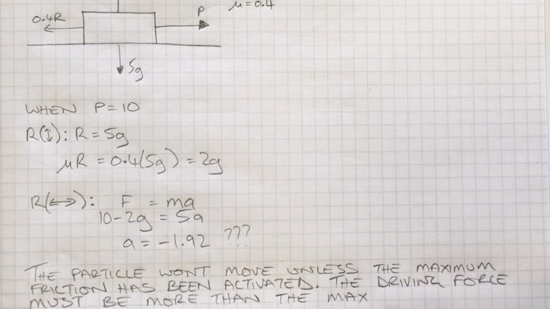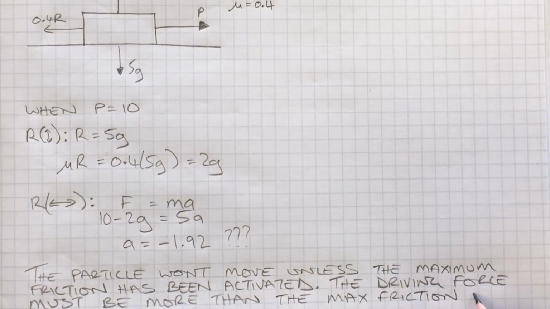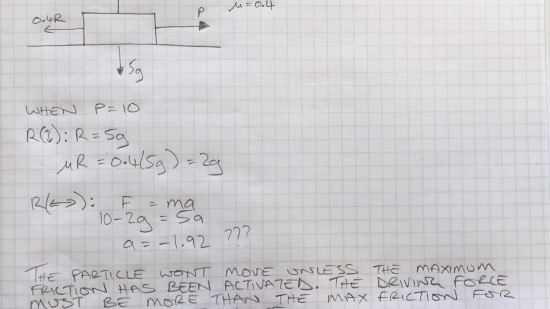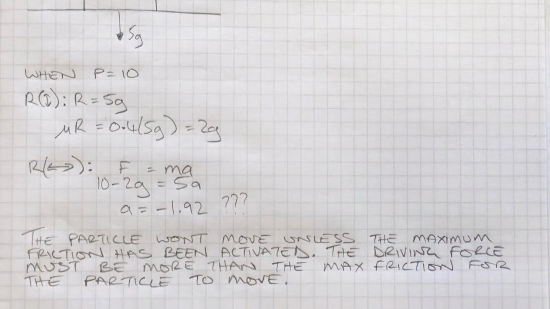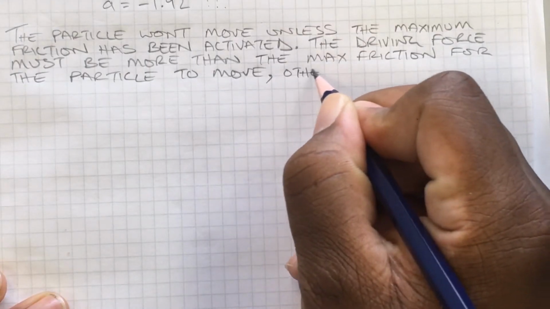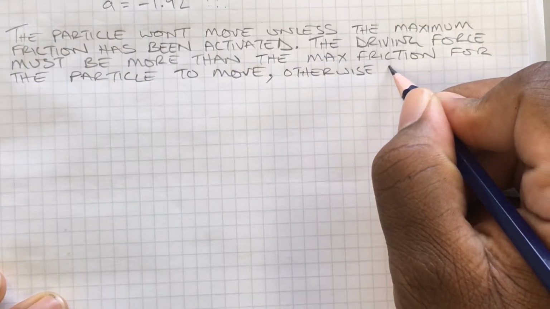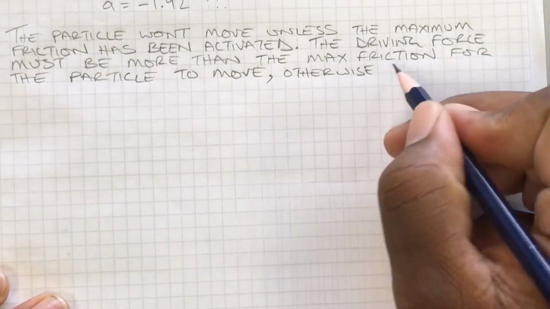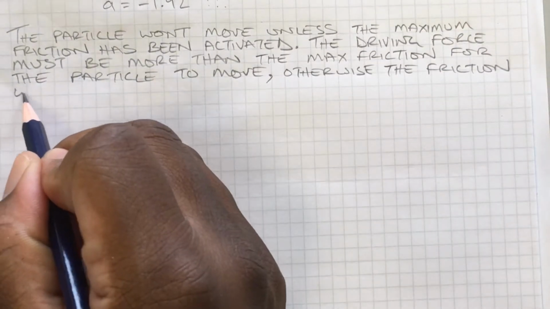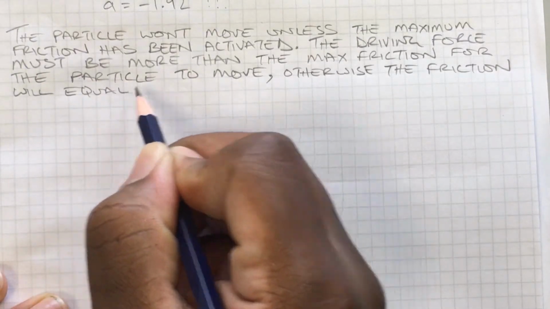The actual friction that's activated will match the driving force. They are, after all, in equilibrium, the object is at rest. It's not moving. So the force to the right should match the force to the left. So you should always want to firstly compare the driving force to the maximum friction and get an understanding of whether or not this object, this particle, is in motion.